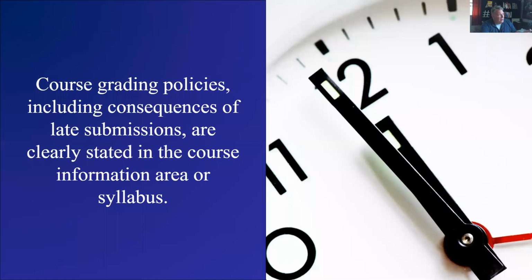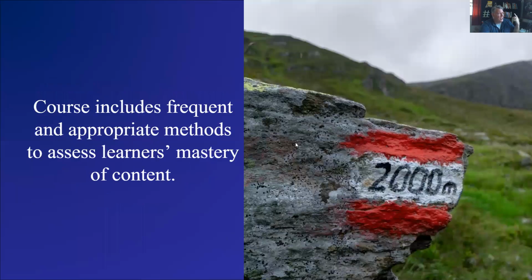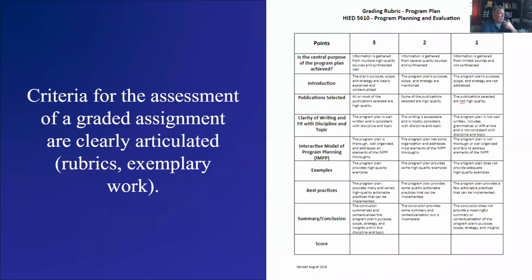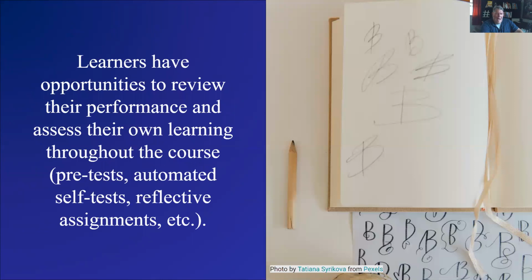So we talked about making sure that you had really clear grading policies to include late submissions, having a variety and frequency throughout your course of different ways to assess content, that you're using tools like rubrics or exemplary work to help clarify what you're expecting from students, that you're giving students opportunities to self-assess throughout the course, through reflective assignments or quizzes, maybe for extra credit.